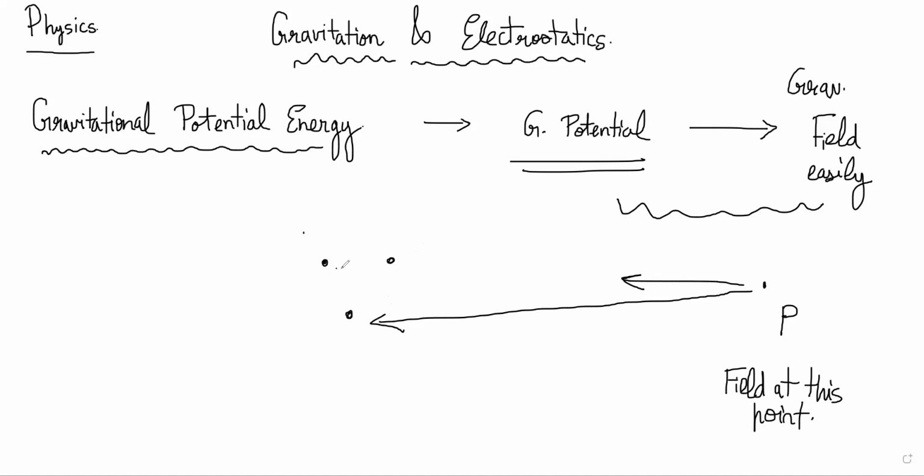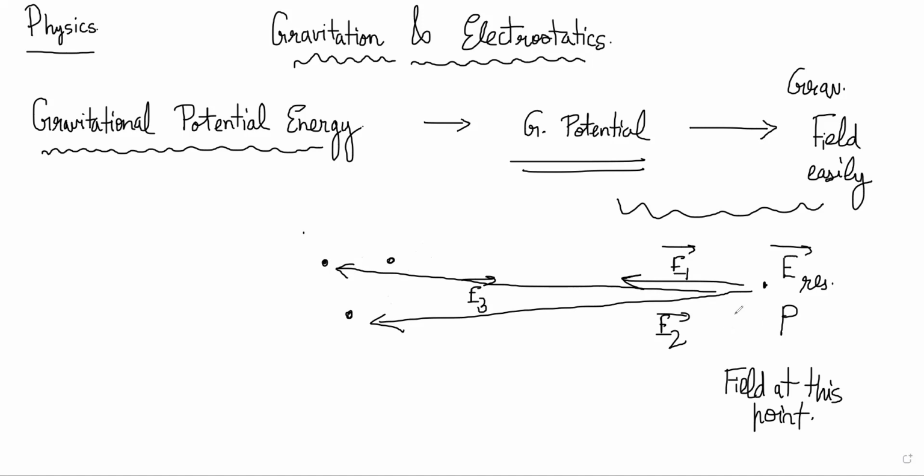Each mass will create its own field. And then for the field at this point, E resultant, you will have to take the addition of E1, E2, and E3 vectors, right?